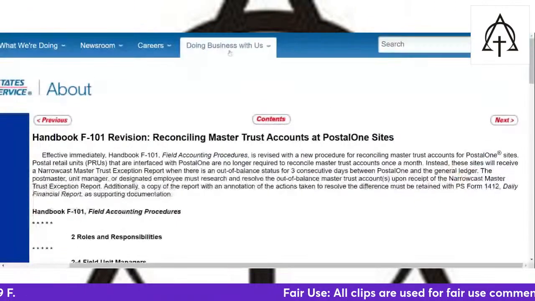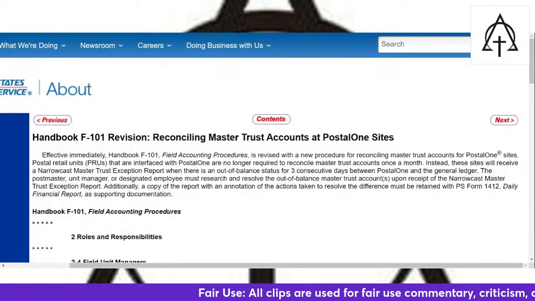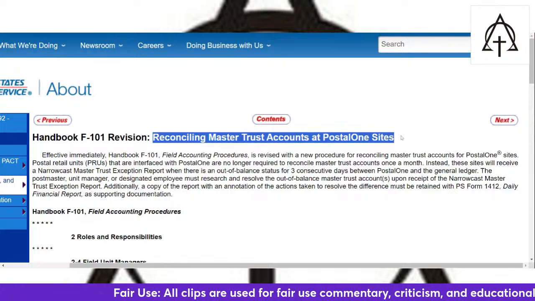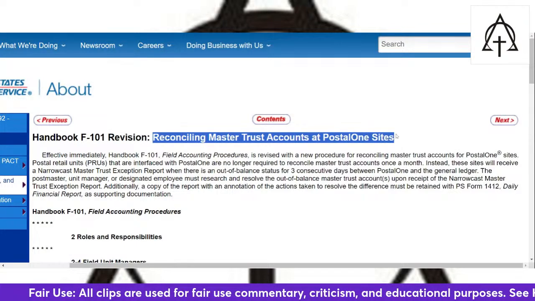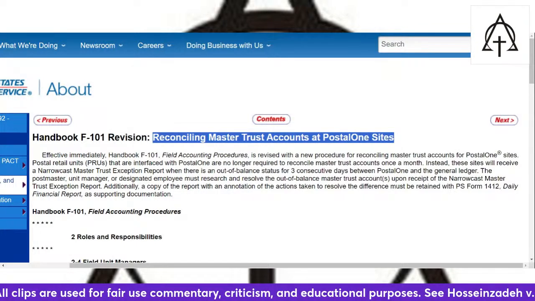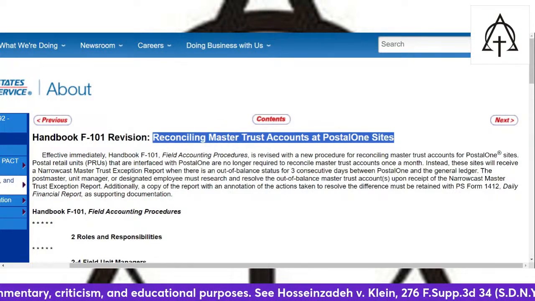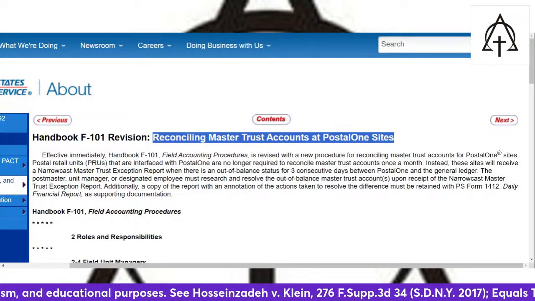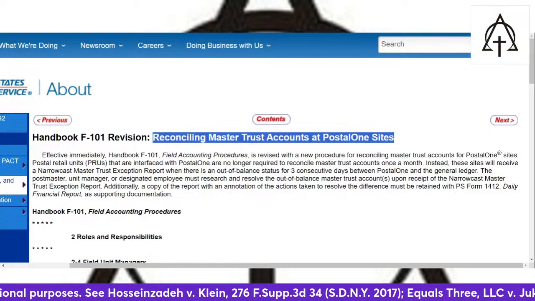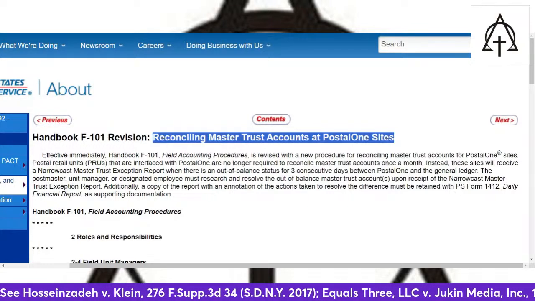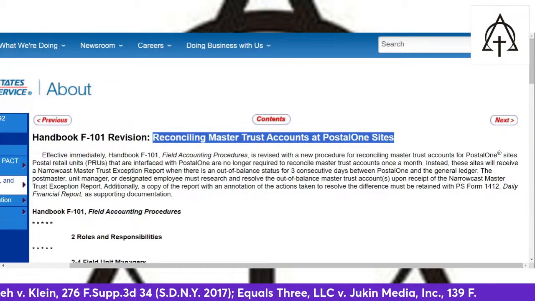This is the one that I talked about with the reconciling master trust accounts at Postal One sites. Again, the book entry system is the electronic record. The Postal One site is another postal account, electronic record account that is tied directly to the general ledger.